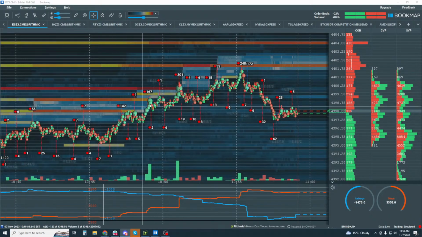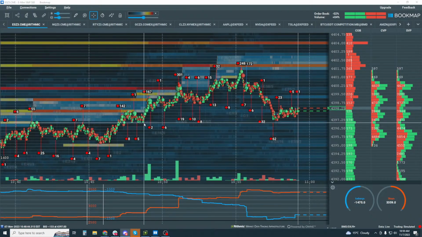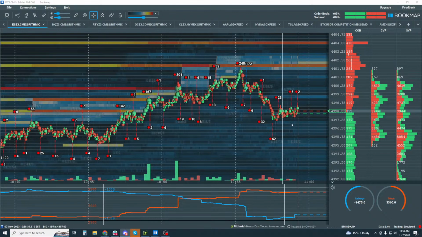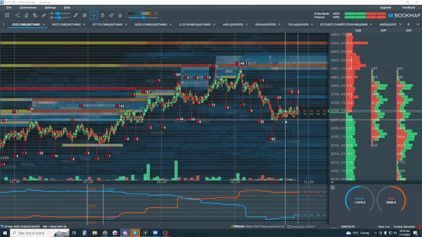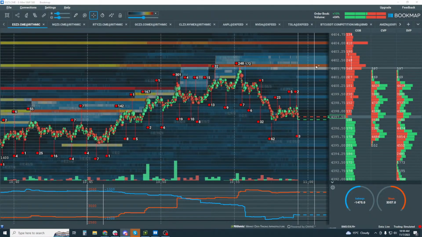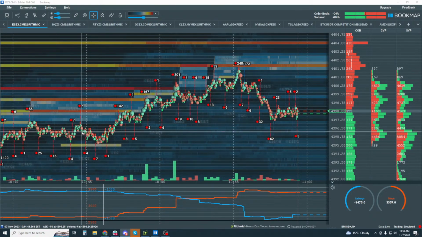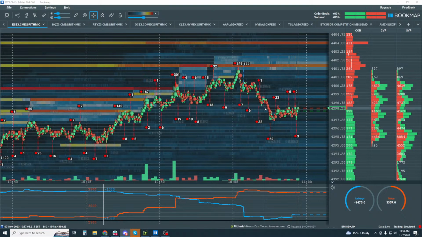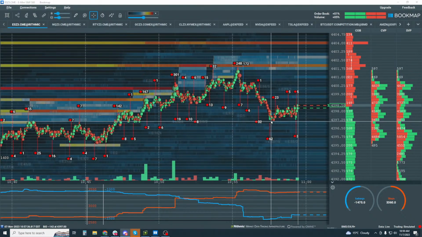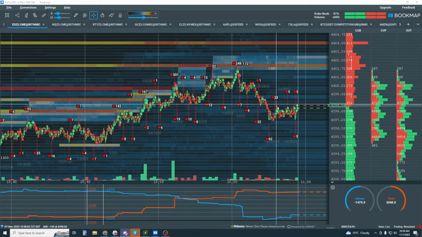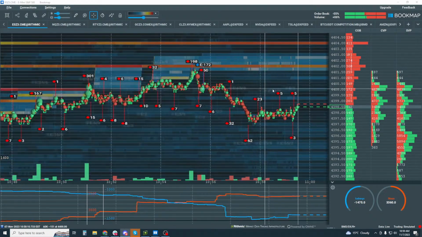I would not get involved at the highs up in here, and that's just me. I need to have sellers that are trapped so that I can get that move to the upside. I'm not just counting on the buyers to come in now. This is a bigger pullback move in here, and I've got to see where the trapped sellers are.